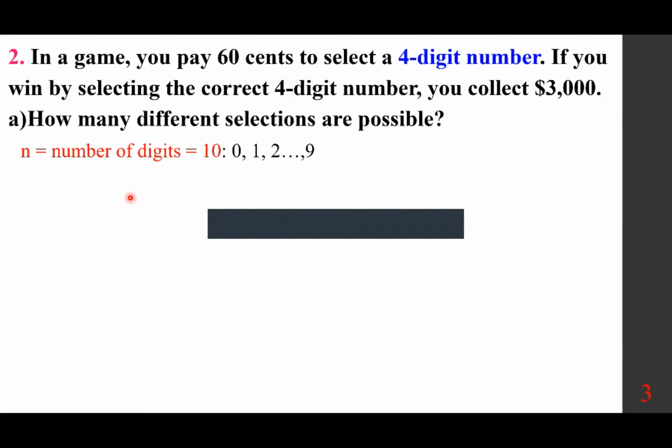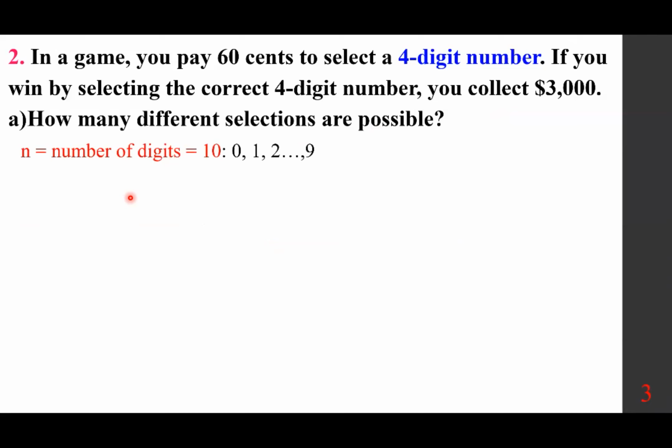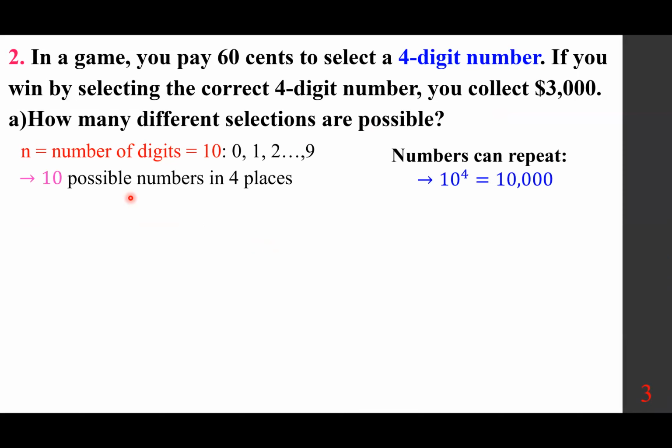Well, n is the number of digits, which is 10, because 0 to 9 gives us 10 possible numbers. And we have to choose 4 of them. There are no restrictions. Therefore, 10 times 10 times 10 times 10, or simply 10 to the power of 4, or 10,000. There are 4 spots. Each spot has 10 possible outcomes.